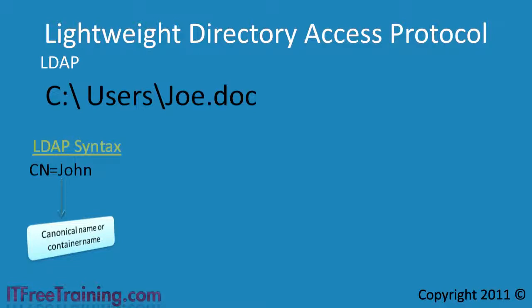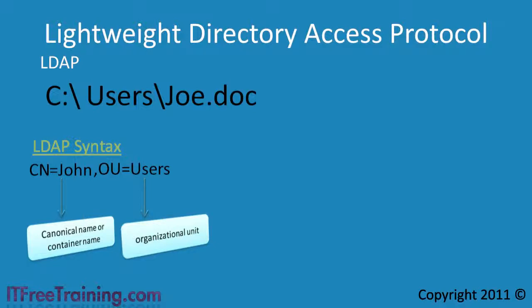Let's say the object John is located in an organizational unit called users. If you are confused, think of organizational unit, or OU, as a folder inside Active Directory. To access this OU, add comma OU equals users. Now if I were to compare this with accessing a file on the hard disk, I now need to specify where this object is.